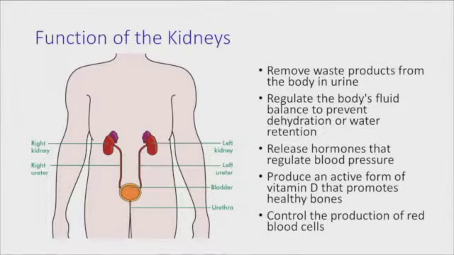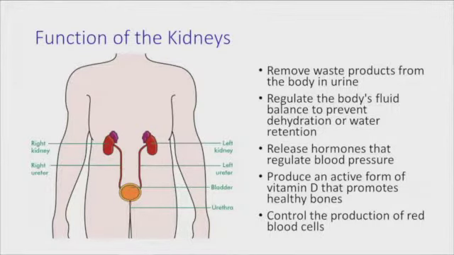They regulate the body's fluid balance to prevent dehydration or water retention. They release hormones that regulate our blood pressure. And they also produce an active form of vitamin D that promotes healthy bones and decreased risk for fractures. In addition, they control the production of red blood cells.